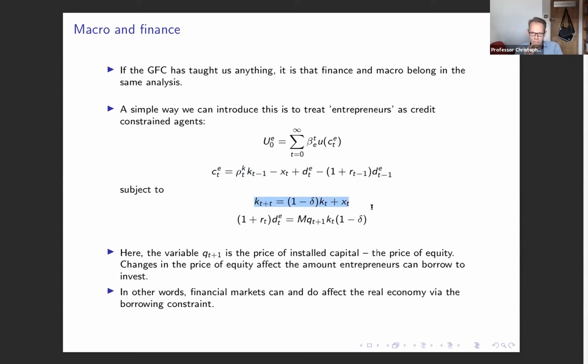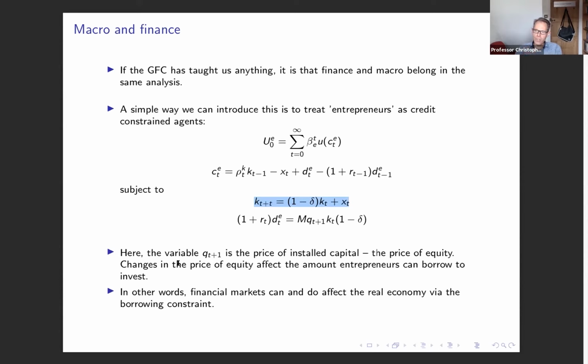But now, because this is an entrepreneur and he's impatient for some reason, we can introduce a credit constraint. And by introducing this credit constraint, we have this variable Q, the price of installed capital, the price of equity. So changes in the price of equity affect the amount the entrepreneur can borrow to invest.